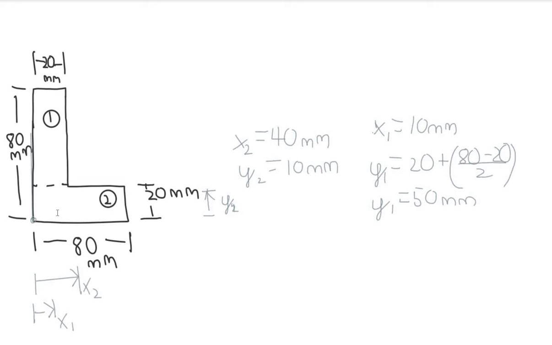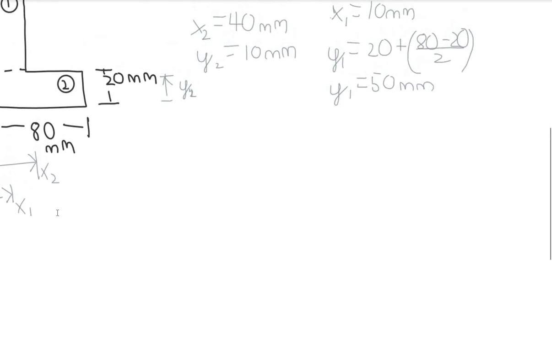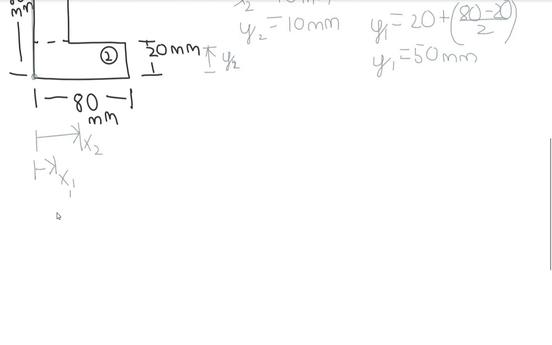So now, in order to find the centroid of this composite area, we will use the formula that we previously used. X bar equals x bar 1 times a1 plus x bar 2 times a2 divided by a1 plus a2.